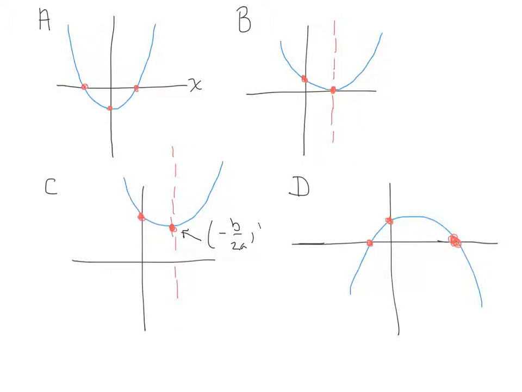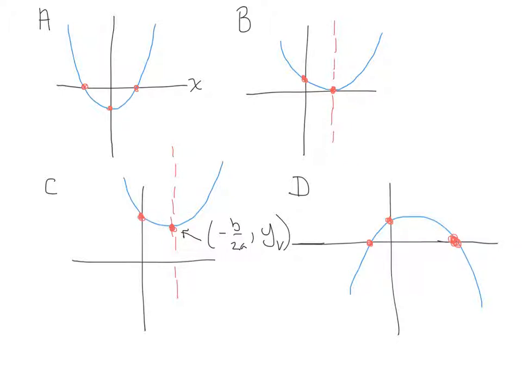I was trying to use function notation, but that looks too much like I'm multiplying, so let's not do that. Let's just say there will be a value of y, and we'll call it y sub v for the vertex. So you get that by plugging in the opposite of b over 2a.